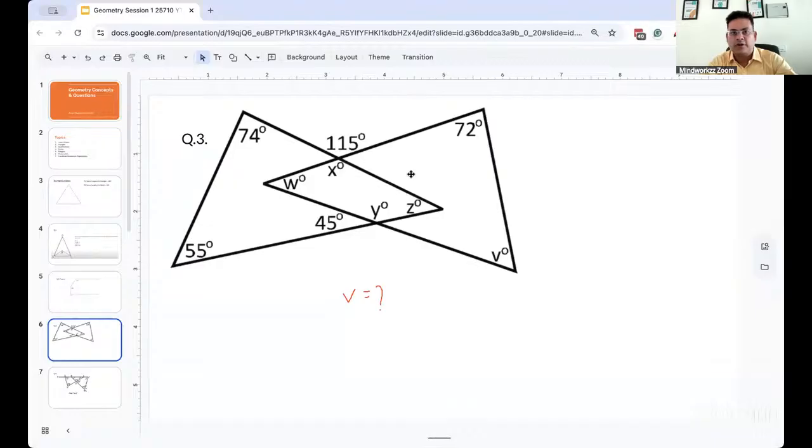Jackie, Sai Kumar says 47. Anybody else? I don't remember the answer, so I'll need to check. I'll need to solve. Last 30 seconds before I solve this.